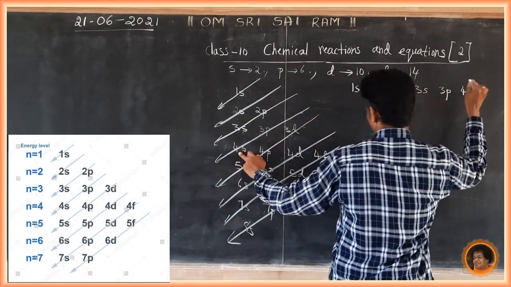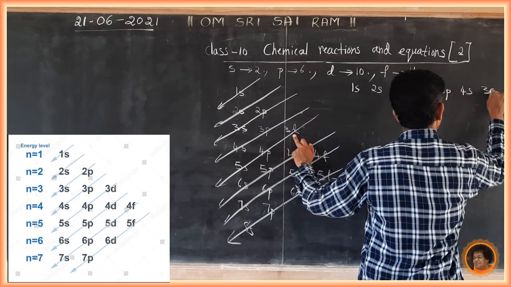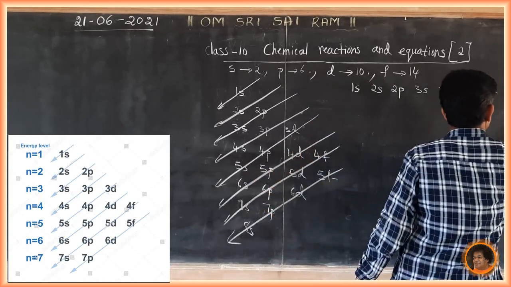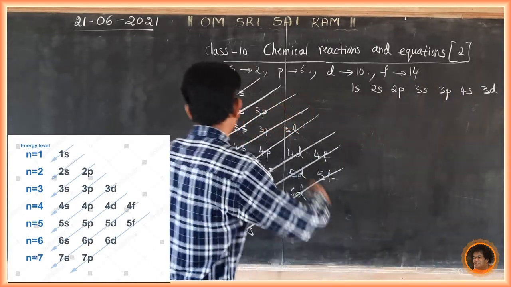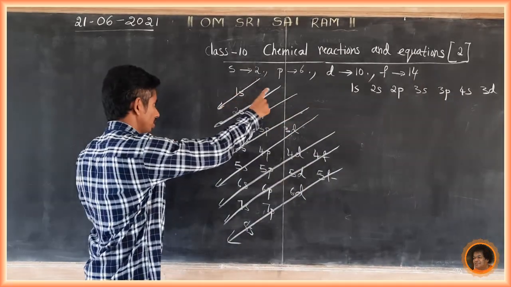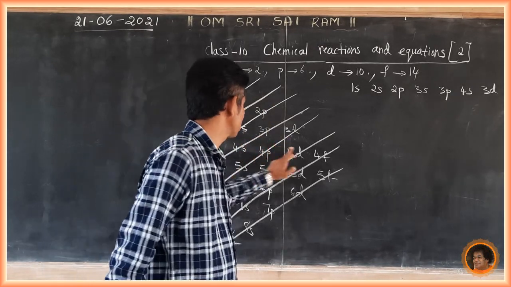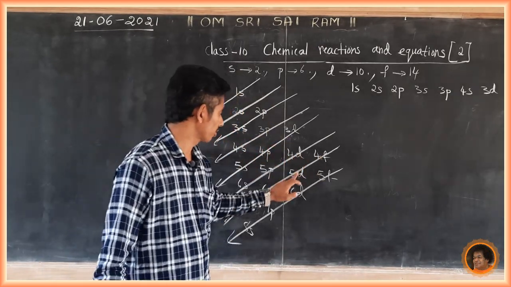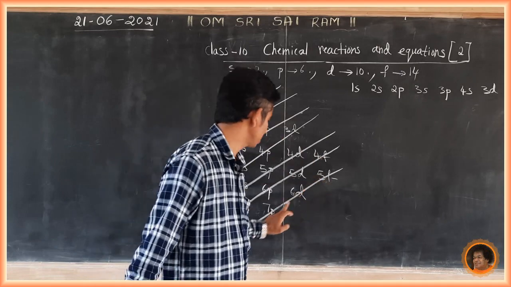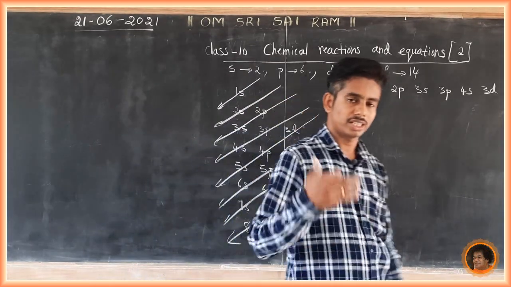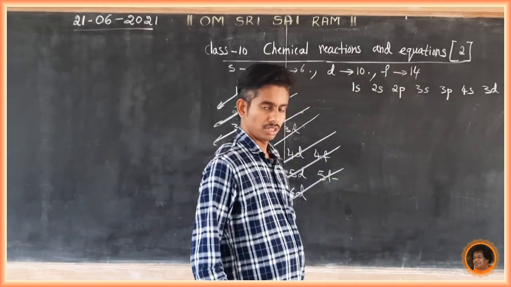Start from 1s, after that 2s, 2p, 3s, 3p, 4s, 3d, 4p, 5s, 4d, 5p, 6s, 4f, 5d, 6p, 7s, 5f, 6d, 7p, 8s. This is the order, and using this we can write the electronic configuration.